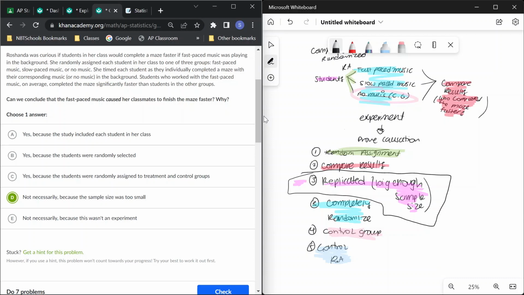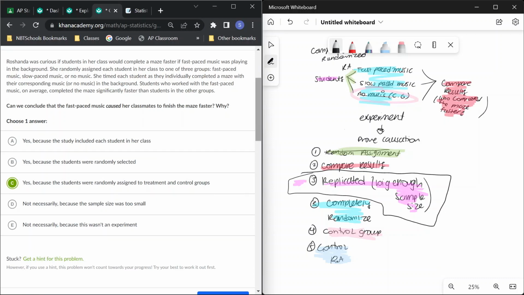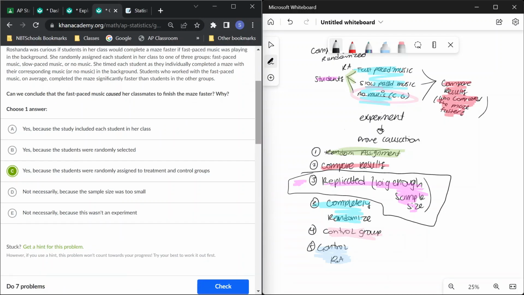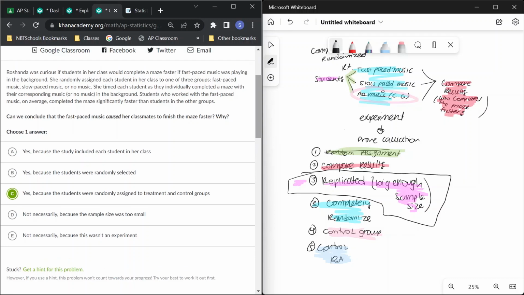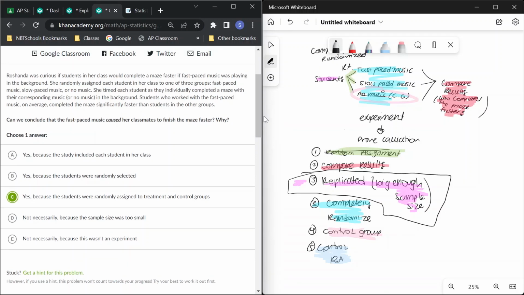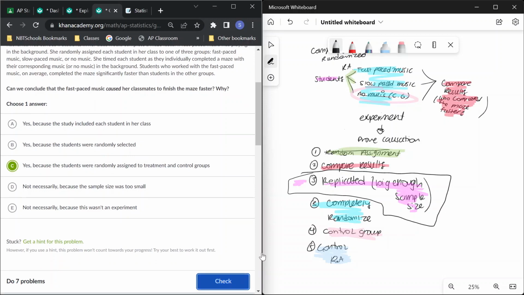Yes, because the students were randomly assigned to treatment and control groups. That's better. Or not necessarily because the sample size was too small. Okay, I'm gonna go with C, but it could possibly be D because it didn't even tell us the sample size. And a class is usually like 20 students, and usually you want like 10% of the population of students, or at least 30. I don't know, let's see.